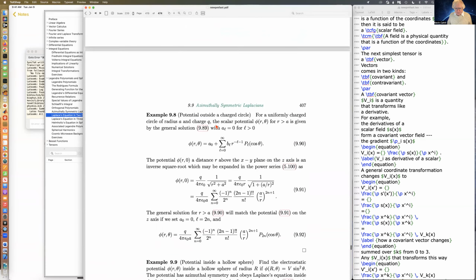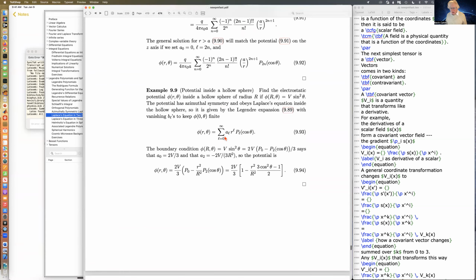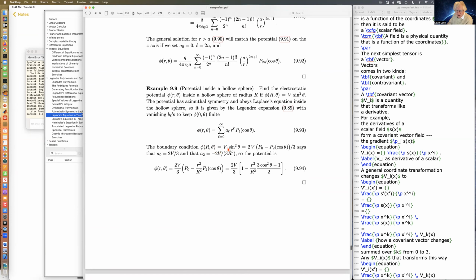And so what we have then is just a sum over the A_L, r to the L, P_L. And now we have a boundary condition, phi of capital R and theta. I took it to be V sine squared theta.